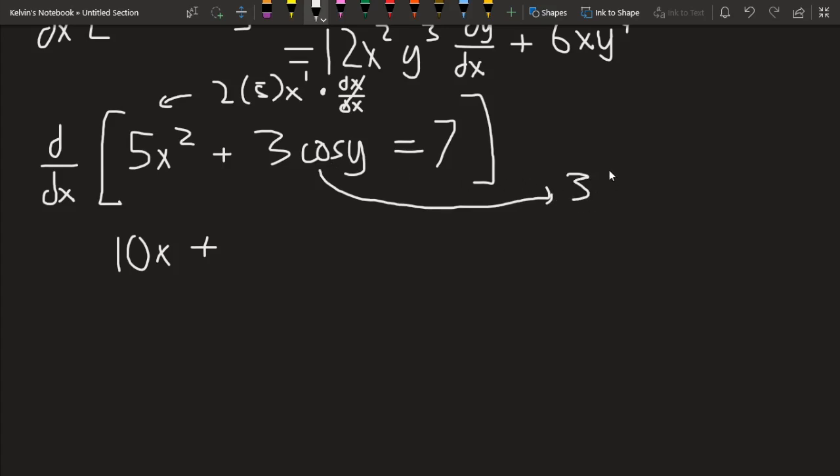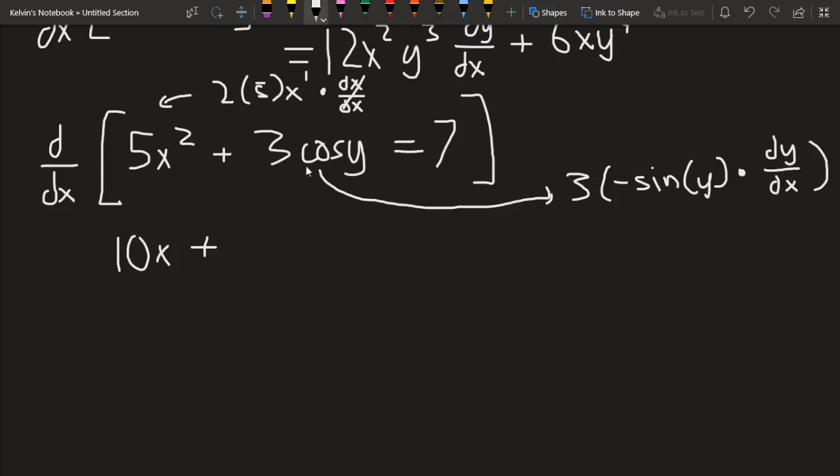The derivative of cosine is negative sine. Negative sine of y times the derivative of y, but since we're asked to find the derivative with respect to x, it would be dy dx.